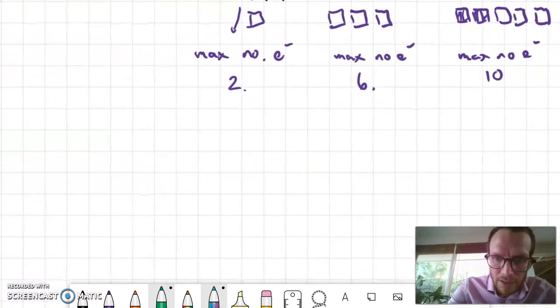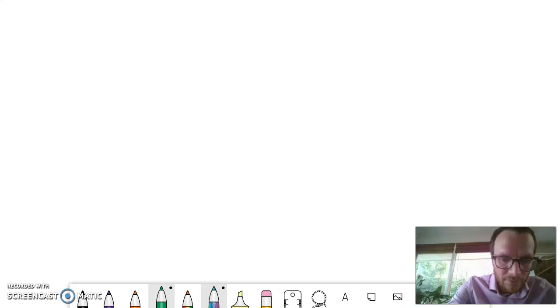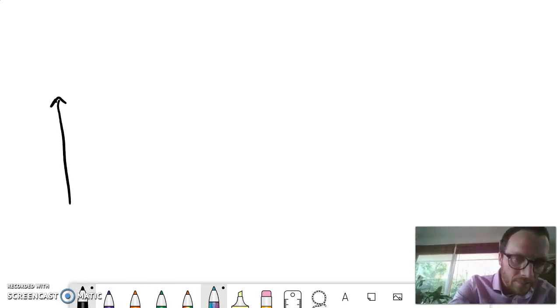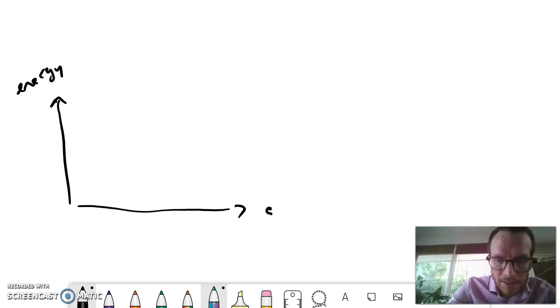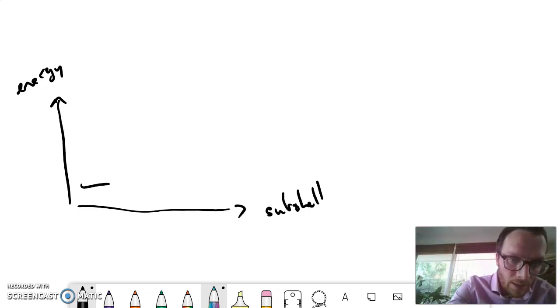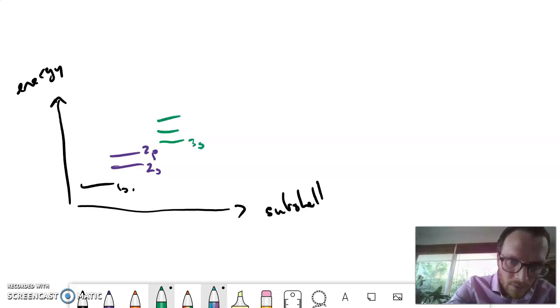Okay, so let's look at our different shells or energy levels. So if we say energy, and we're looking at subshell, first shell we only fit 1, so the 1s sits about here. So let's now look at 2: 2s, 2p. Then we jump to 3: 3s, 3p, 3d.